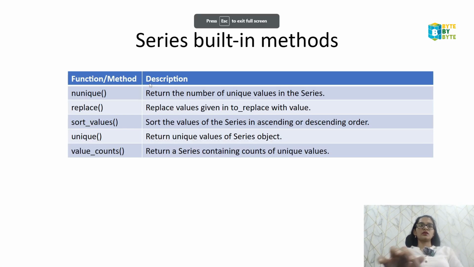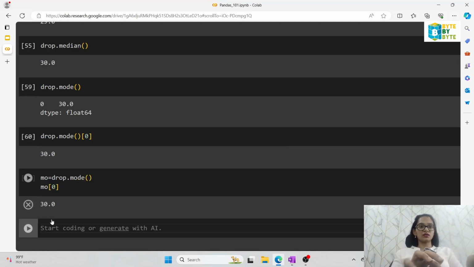Now you will also have the nunique function. nunique means it returns the number of unique values in the series. Here we will take the drop only.